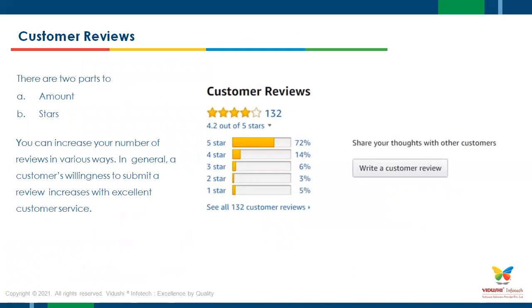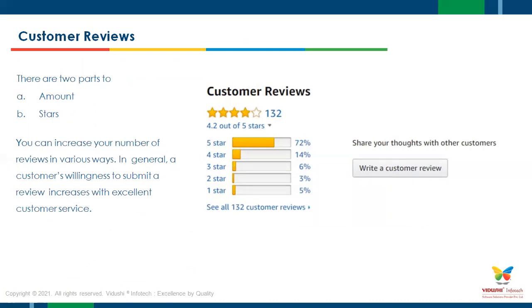Customer reviews. There are two parts of customer reviews. One is amount, second is stars. Amount is how many customers or buyers have submitted reviews for that particular product, and stars show their happiness or satisfaction towards that product.